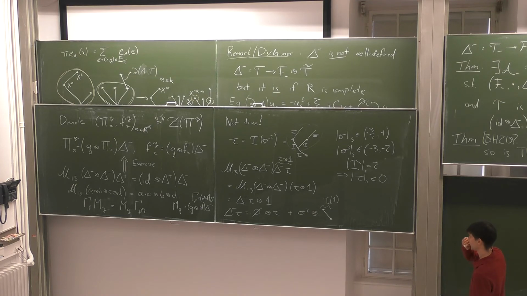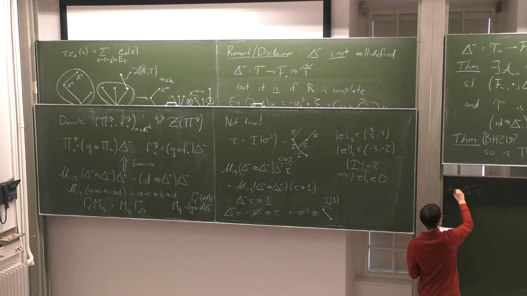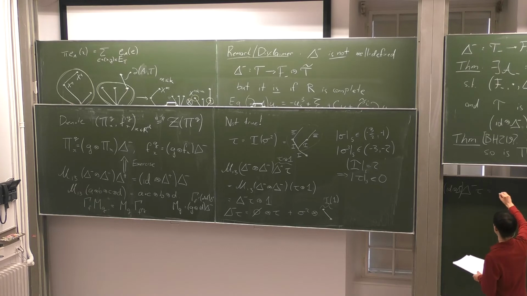So what you can see is then if you compute delta minus tau and ID tensor delta plus first, then this is going to be tensor delta plus of empty set tensor tau plus sigma squared tensor this guy.